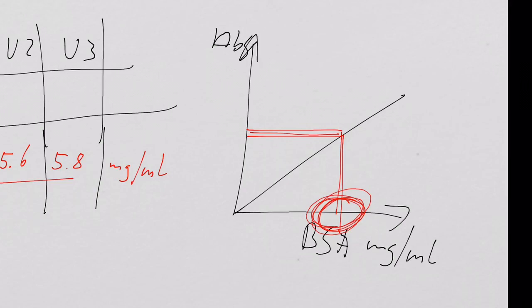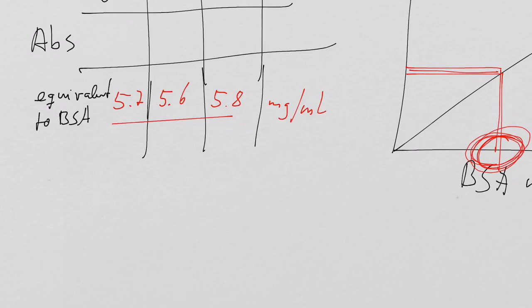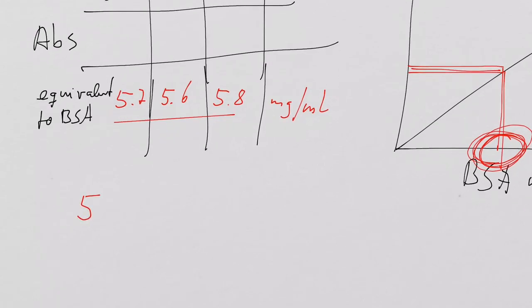But this is not actually what is in your original tube. Remember, in your original tube, you just used 0.2 milliliter of that. That's why we do this conversion where we say this 5.7 divided by 0.2. This gives you the final concentration.